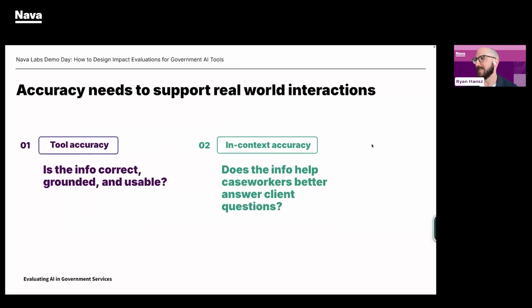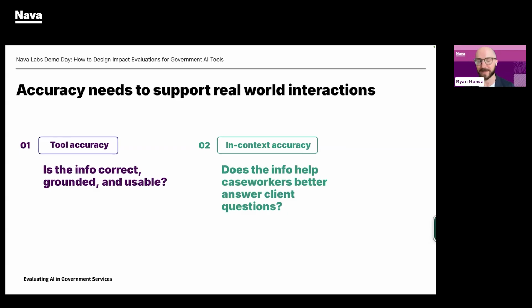And so what does accuracy look like in this case? We have two very large ways of looking at it. The first is just the accuracy of the tool itself. So independent of what a caseworker does or doesn't do with the information, is the response correct, grounded in the correct citations, and usable at a baseline standard?